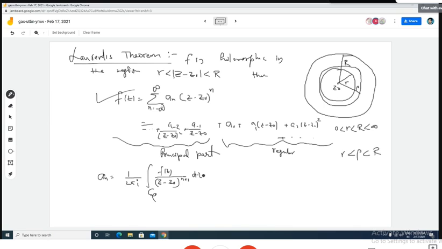Okay. So in this way, whenever you see, for example, you have this 1/z function. So 1/z is not holomorphic in this disk mod z less than 1.